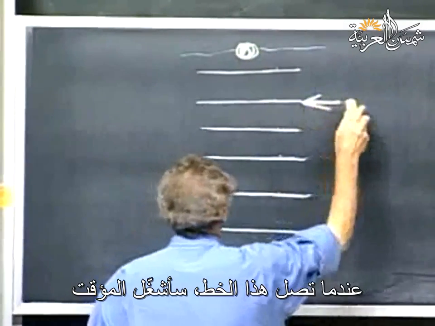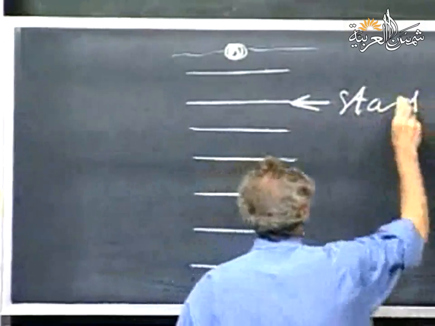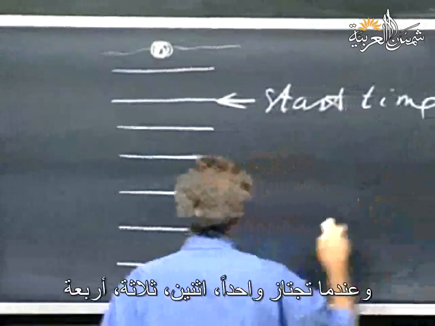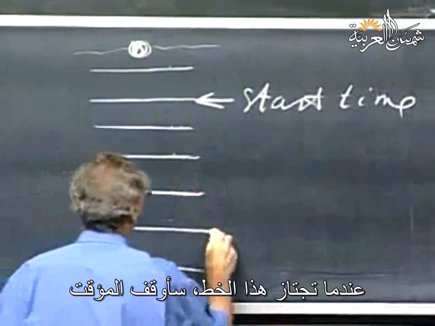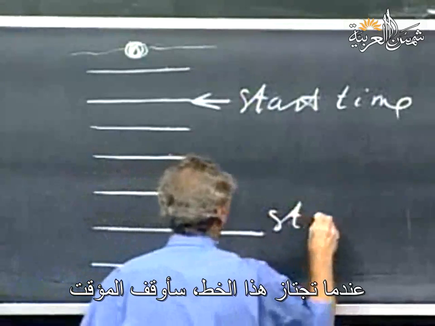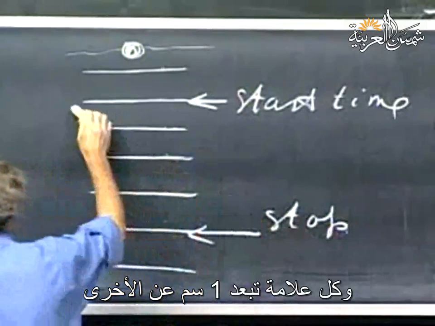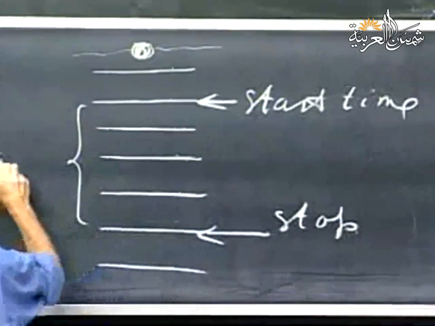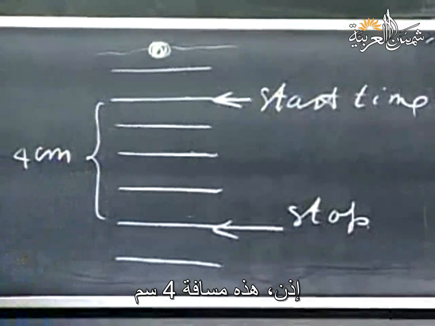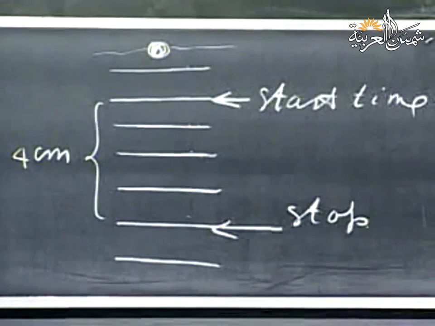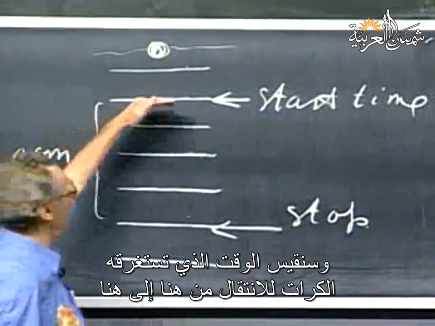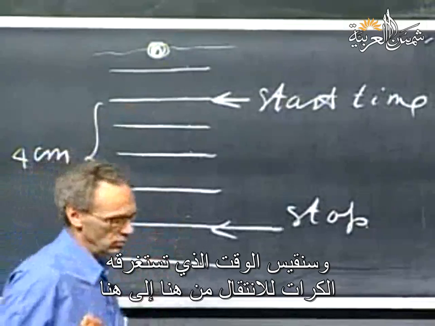When it reaches this line, I will start my timer. And when it crosses 1, 2, 3, 4, when it crosses this line, I will stop my timer. And each mark is about 1 centimeter apart, so this is a journey of about 4 centimeters. And we will measure the time that it takes to go from here to here.